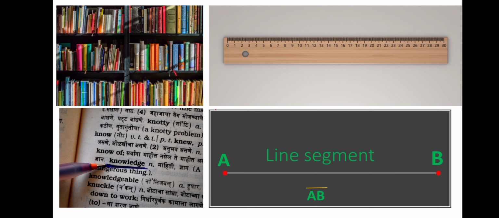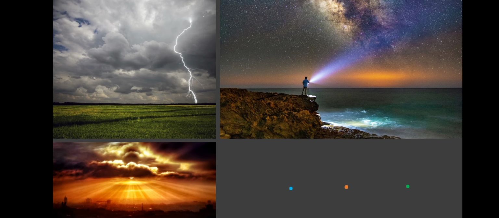Look at the pictures. Yes, sun rays, light rays, and a ray from a torch. A ray is a set of straight lines passing through one point, and it can be extended infinitely in one direction. It may pass through more than one point.